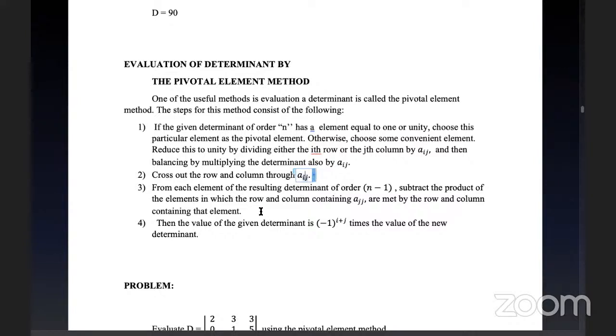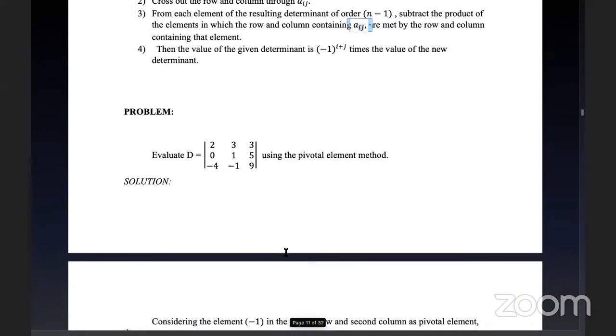And then from each element of the resulting determinant of order n minus 1, diba yung sa cofactor and minor natin, by crossing out the row and column, subtract the product of the elements in which the row and column, kung saan located to, aij, are met by the row and column containing that element. Then the value of the given determinant is -1 raised to i plus j times the value of the new determinant.